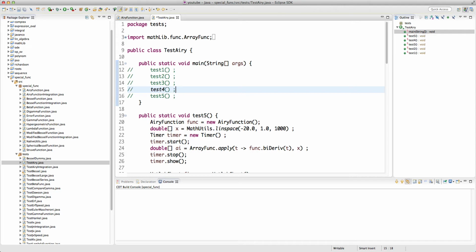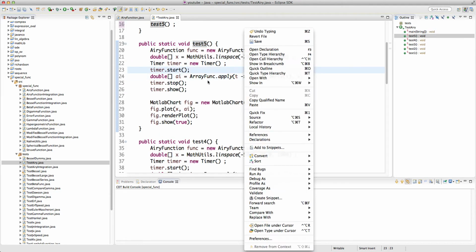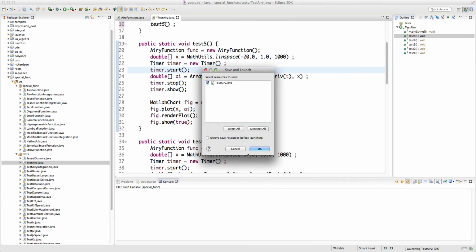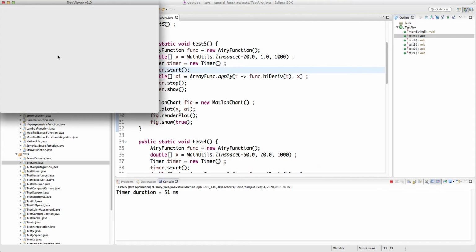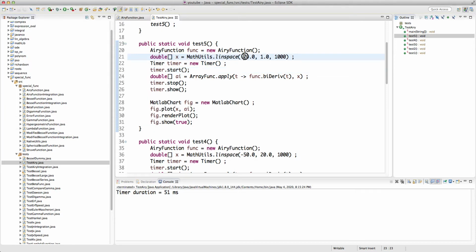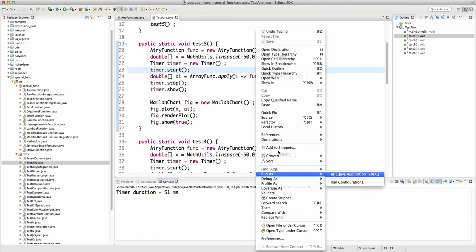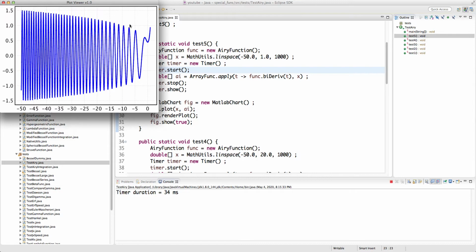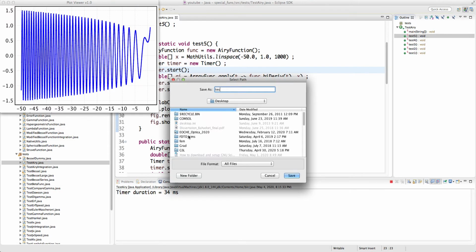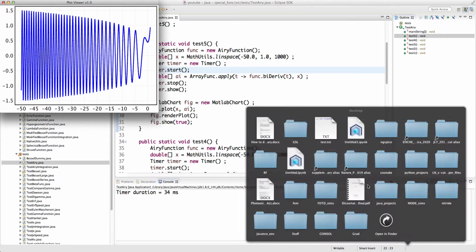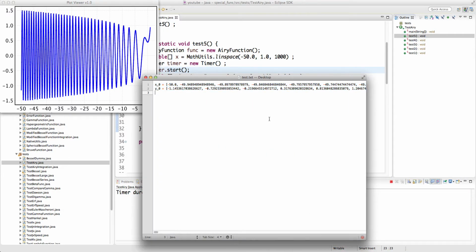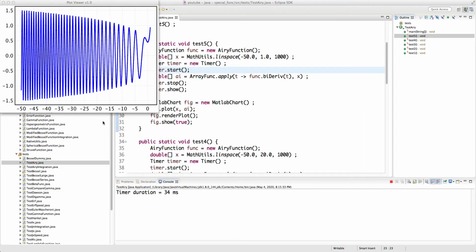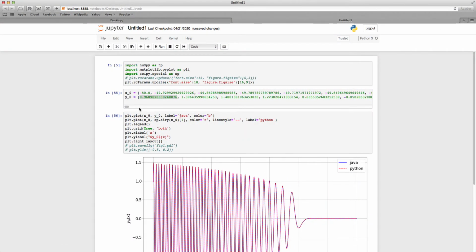And finally in test 5, I am calculating the Bi prime, the derivative of the Bi. So let's plot it from minus 50 to 1. 34 milliseconds, and we see the oscillatory behavior. Let's export to Python, open in text file, and then go back to our Jupyter Notebook.